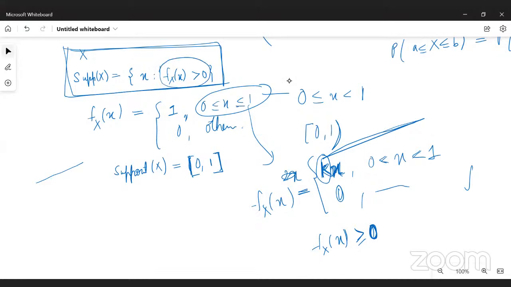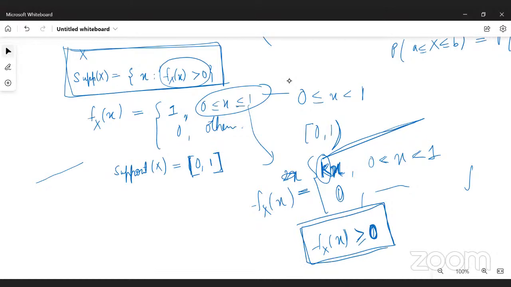So there will be no case where f of x is less than 0. But f of x can be equal to 0. It cannot be less than 0 because it will not be a valid PDF.